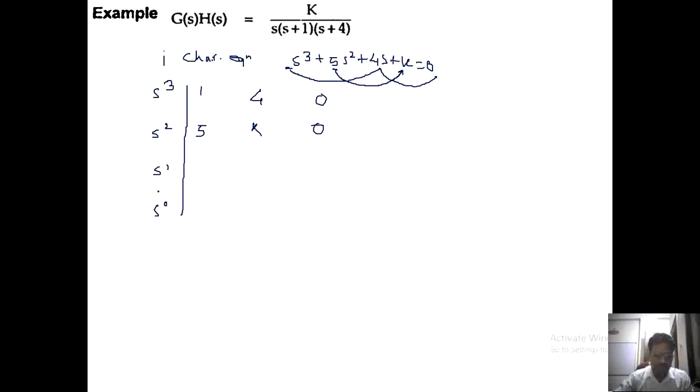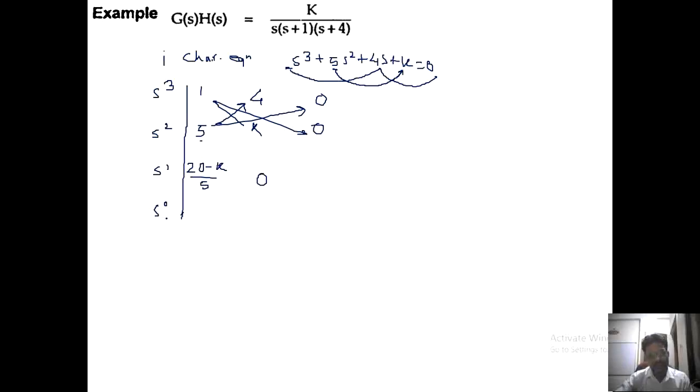Now the next term, s raised to 1, is 5 into 4 minus 1 into k by 5, so 20 minus k by 5. Then here 5 into 0 minus 1 into 0 divided by 5, so 0.